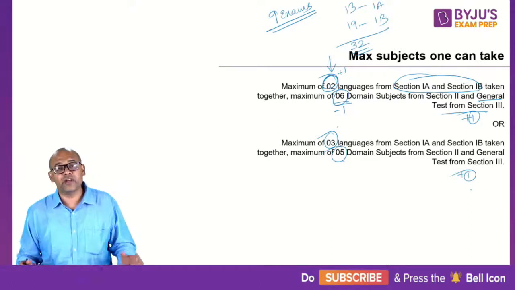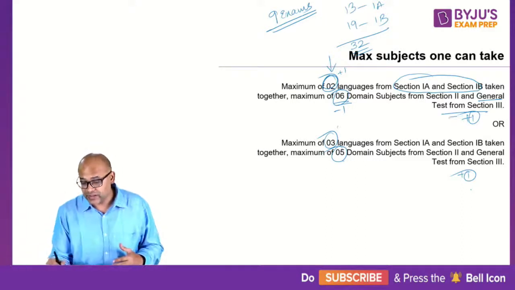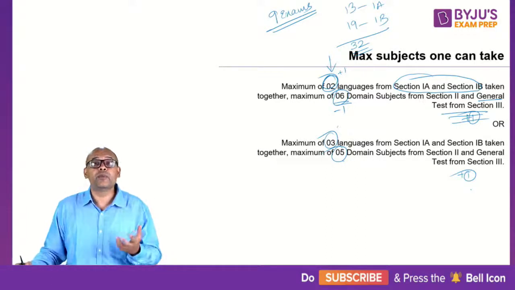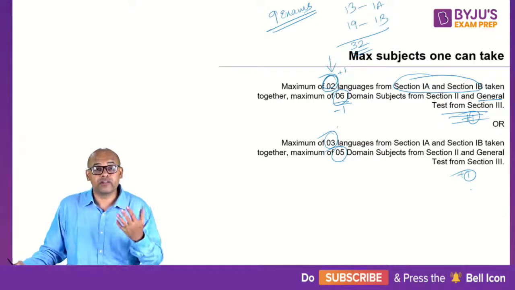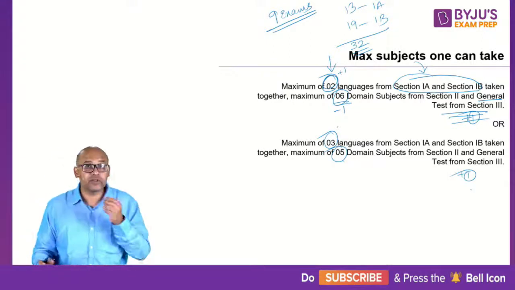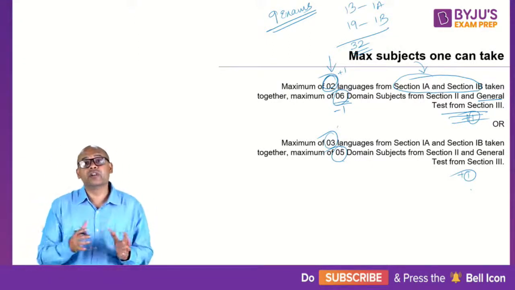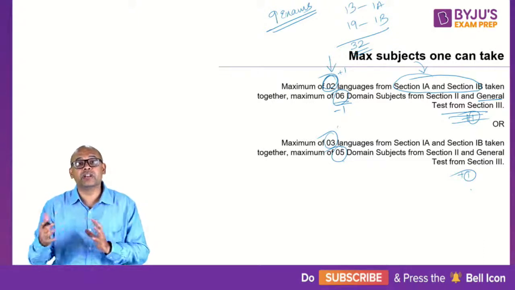So again, I'm pretty sure that most of you will be writing section 3, which is general aptitude, and you'll probably be writing 1 domain specific. I don't know how many of you are listening to this and writing languages. Languages likhne wale, unless you're getting into literature or philosophy with literature or something like that, it's a combination of things.